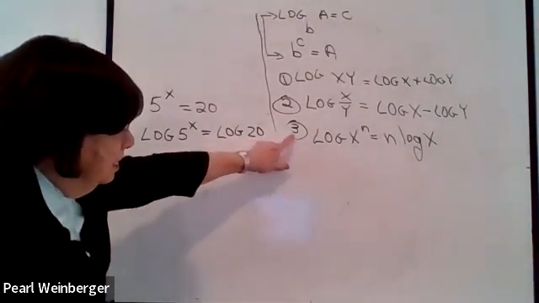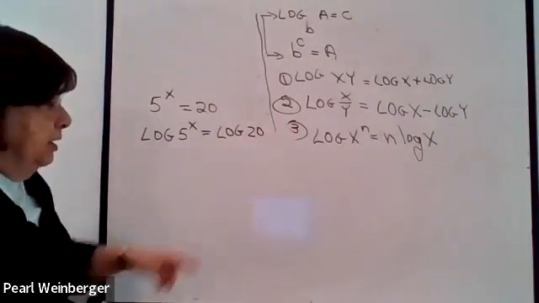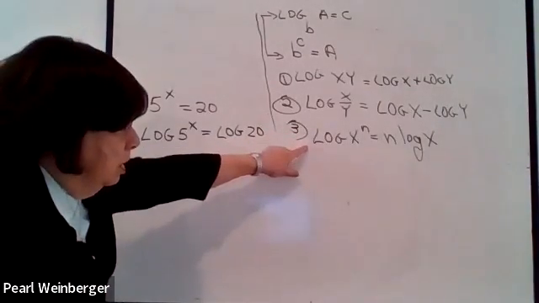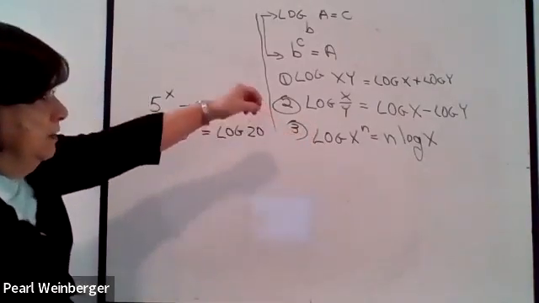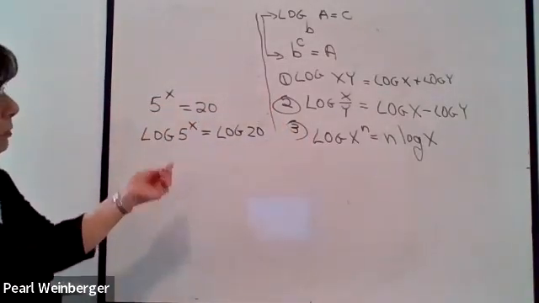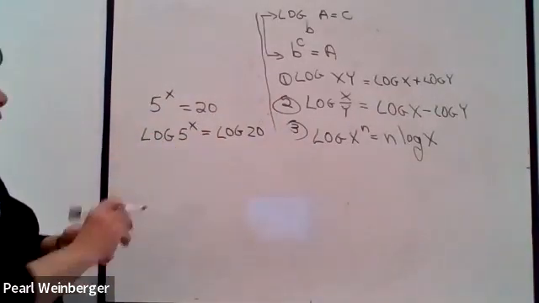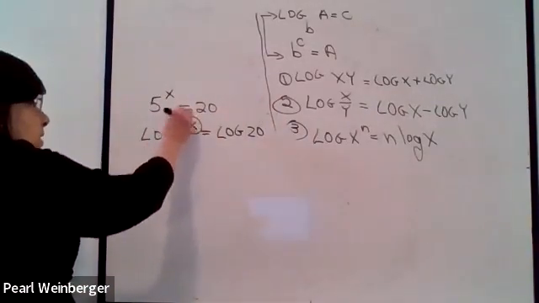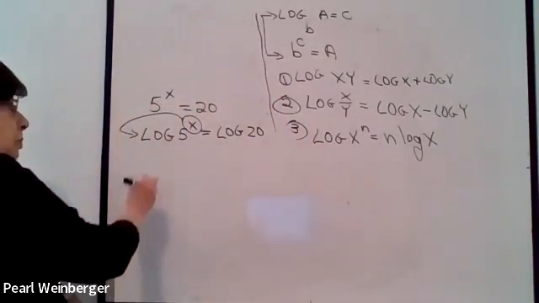This example over here, this rule over here will tell us why. When we're dealing with logs, if we have an exponent, if we have log x to the n, then that exponent becomes a coefficient, becomes a multiplier. So now that I have these in terms of logs, I can take this exponent x and put it out here in front of the word log.